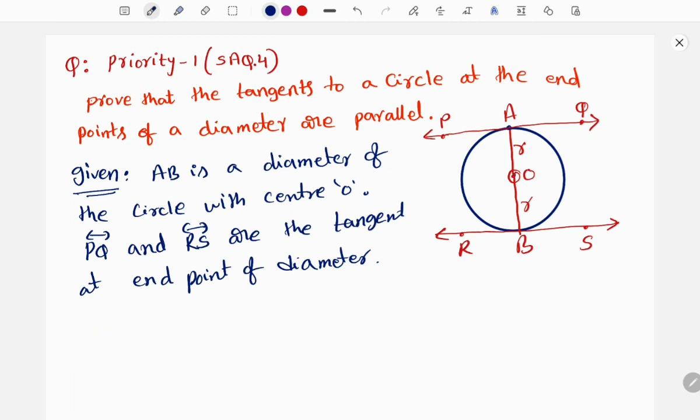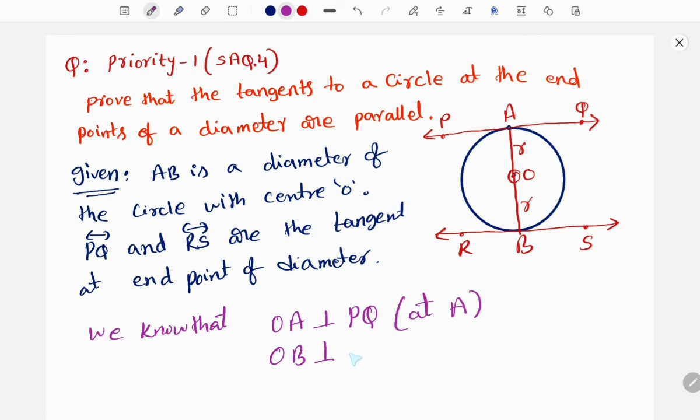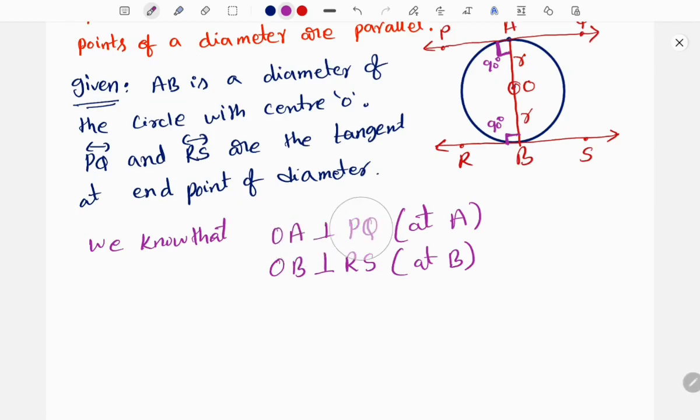Now we know that the radius is perpendicular to the tangent at the point of contact. Therefore OA is perpendicular to PQ at A, the point of contact. Similarly, OB is perpendicular to RS at B.